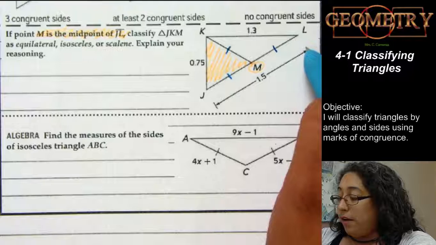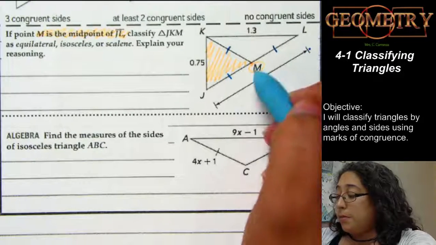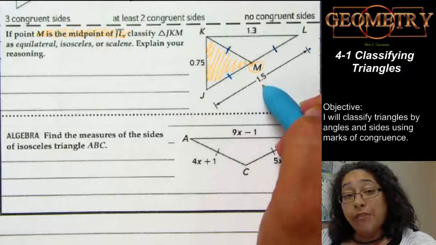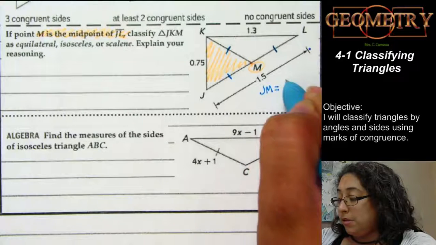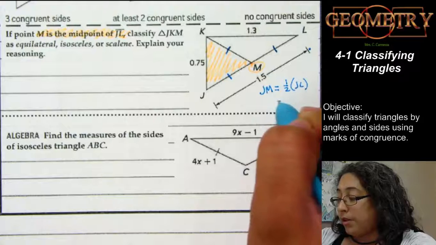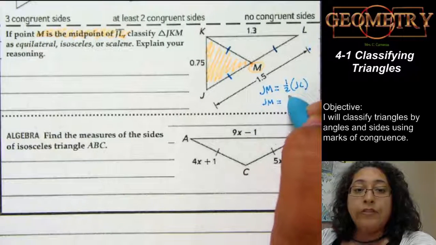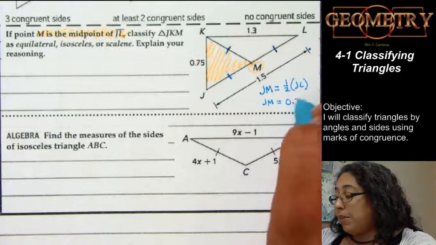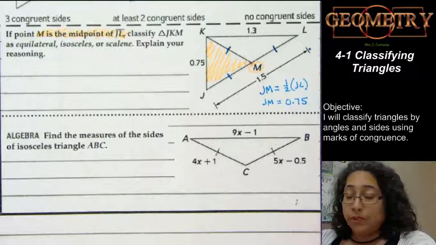We're looking at side JL, which has a measure of 1.5 units. Because M is the midpoint, JM is half of JL. JM is 1/2 of JL. Going to my calculator, I type in 1/2 times 1.5, and my calculator will give me a final result of 0.75.